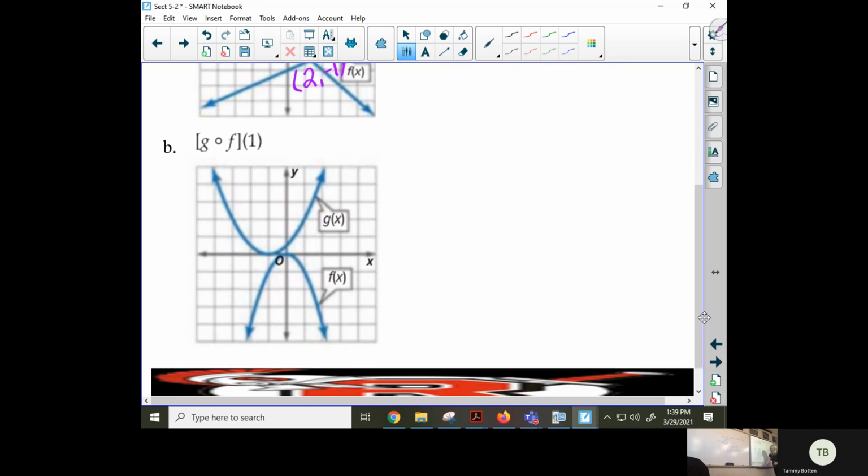Then if we look at this one, it would be g of f of 1. So we would start with f of 1. So go to where x is 1, go down to your f function, and that point looks like it's 1, -1. This is your x, so it'd be equal to your y, which is -1.